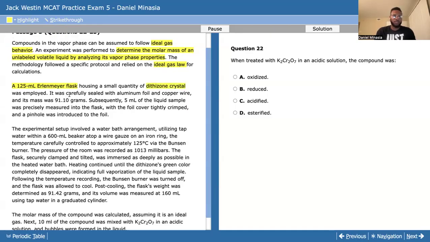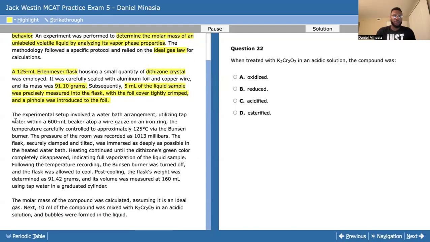It was carefully sealed with aluminum foil and copper wire, and its mass was 91.10 grams. Cool. Subsequently, 5 milliliters of the liquid sample was precisely measured into the flask with the foil cover tightly crimped, and a pinhole was introduced to the foil. Let me just highlight that as well.